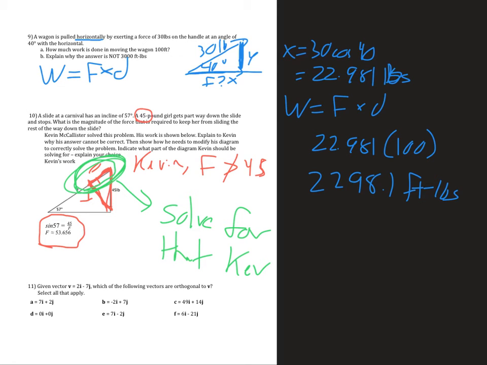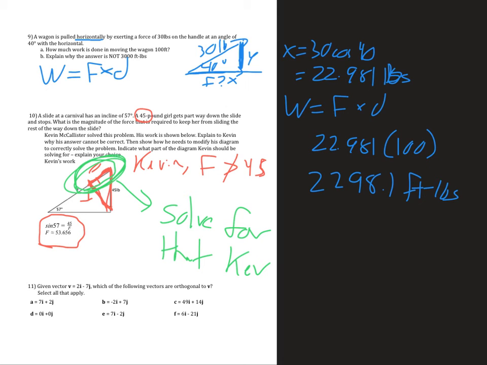Because again, it does say to explain our choice, what we have to counteract is the amount of force that's pulling her down the slide, which is parallel to the slide. The amount of force that's perpendicular to the slide, well, that's the part that's already helping her to not slide down. So that's not the part that I care about. I care about this part.